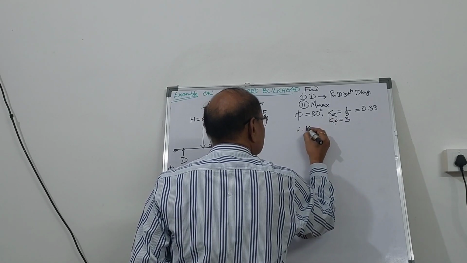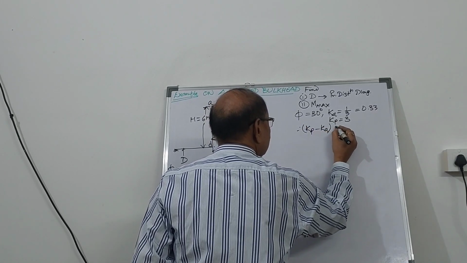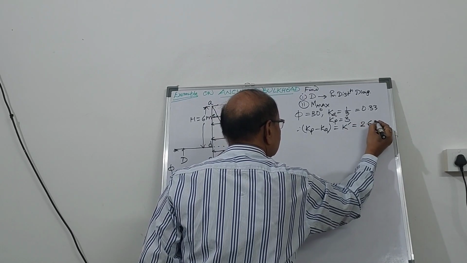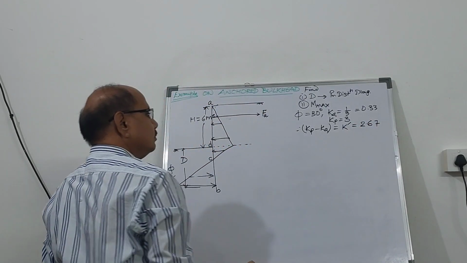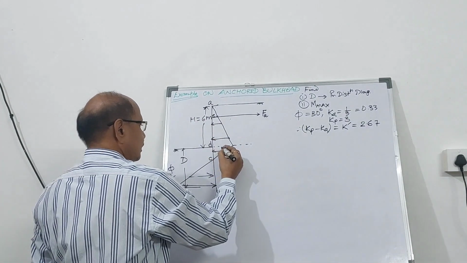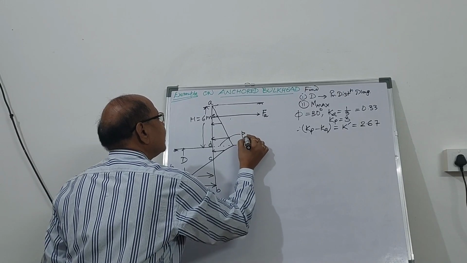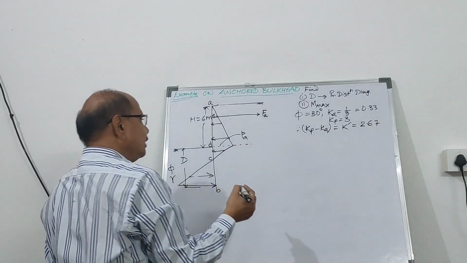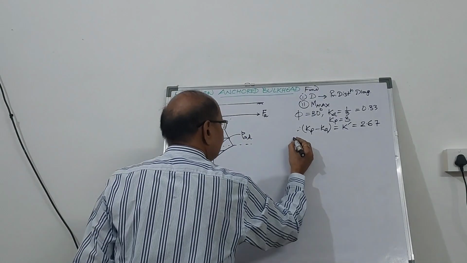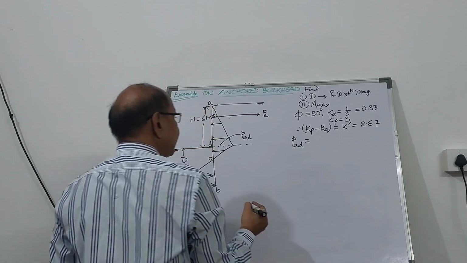Therefore, Kp minus K equal to K prime will be 2.67. So now here, what would be this pressure? So PA, the active earth pressure at D. So calculate active earth pressure at D.